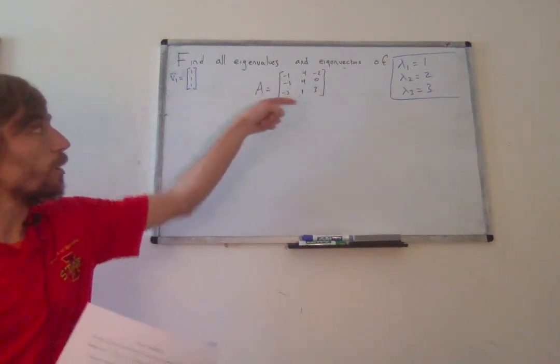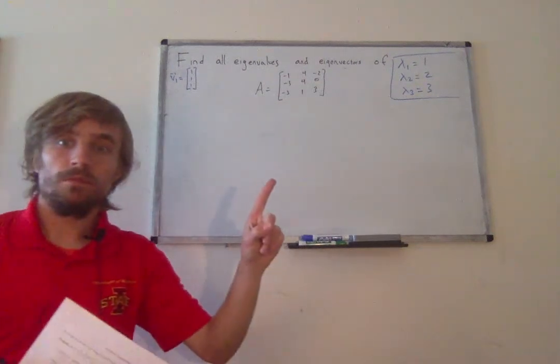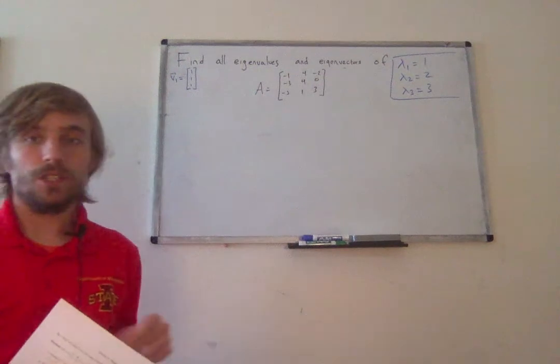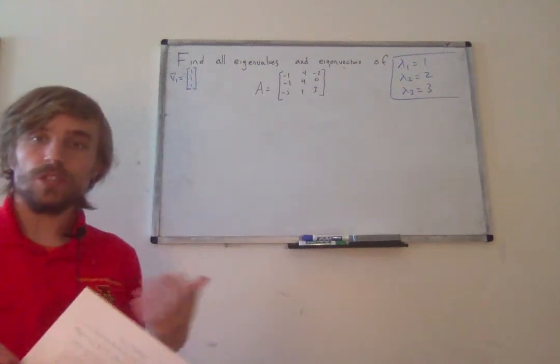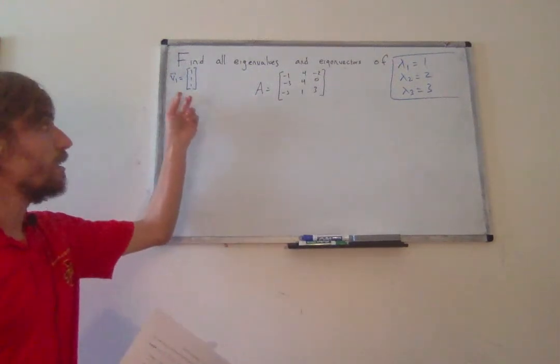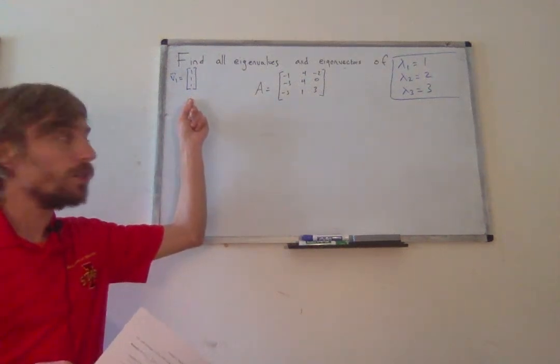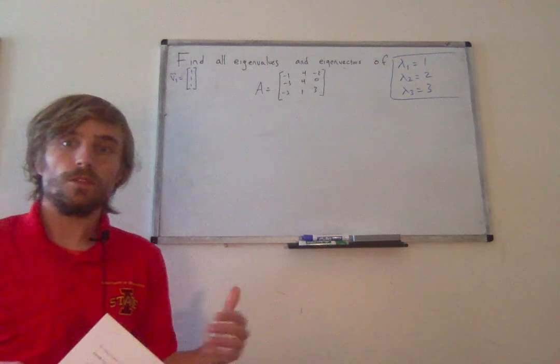If you sum across the rows of A, they all sum to 1. And so 1, 1, 1 is an eigenvector of A corresponding to 1. So that's something more you can learn about eigenvectors: if this is an eigenvector of the matrix, it means that the row sums of the matrix are all the same.